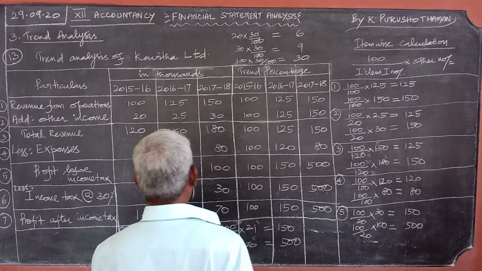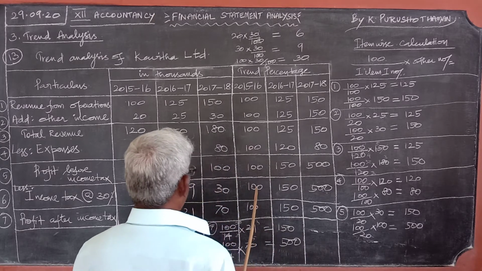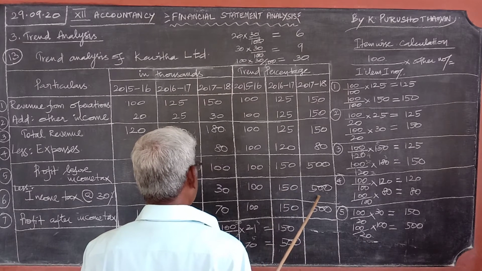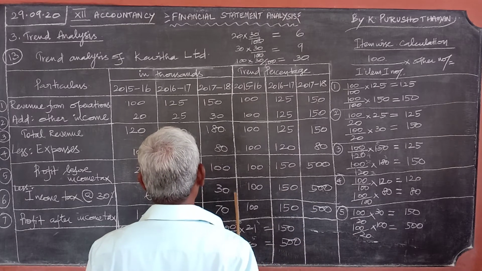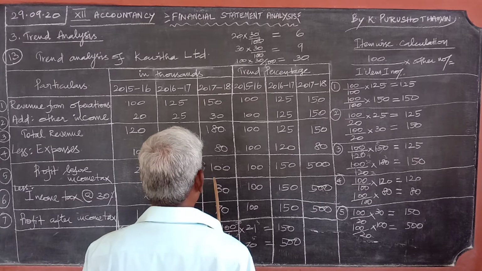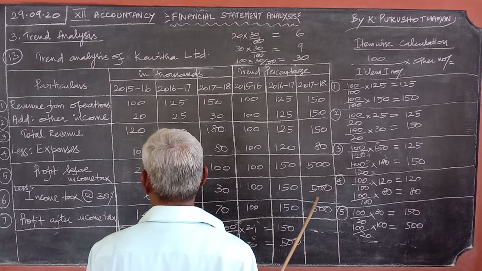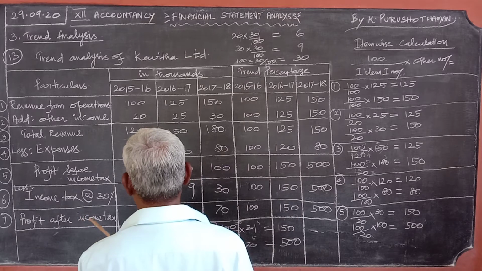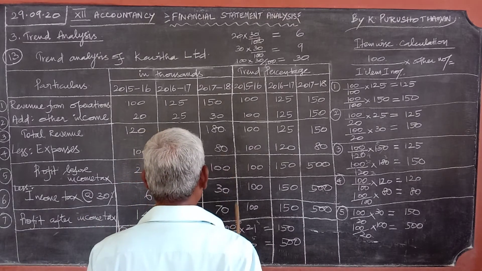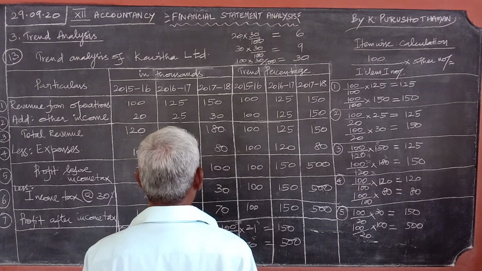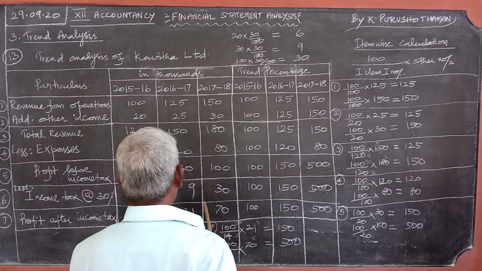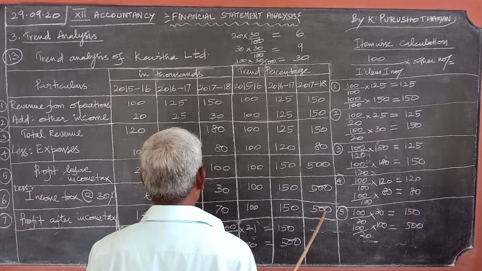Then what should be the income tax? First year 100%, second year 150%, third year 500%, because the profit has increased. It is 30,000, therefore 500%. And profit after income tax, for 14 to 21 it is 150, for 70 it is 500.